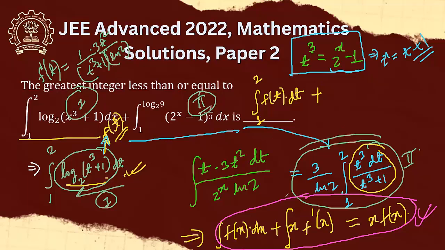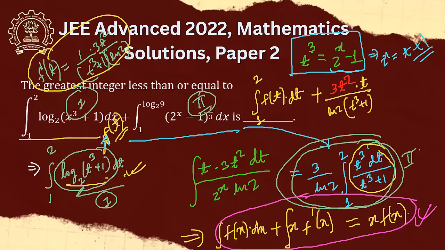Now the part 2 that we have to find out is nothing but 3t square upon ln 2 times t cube plus 1, times t. So this was f dash t, and times t will make it t cube upon t cube plus 1.